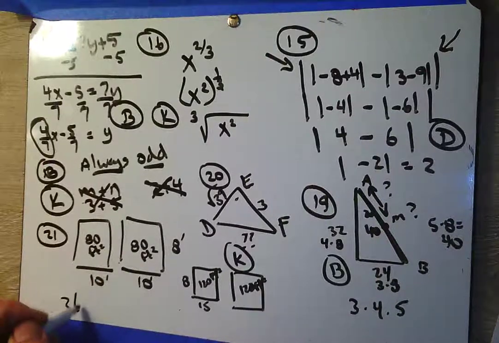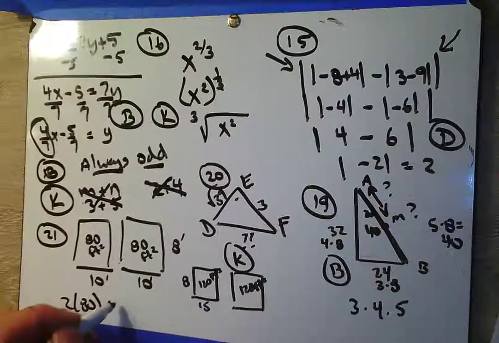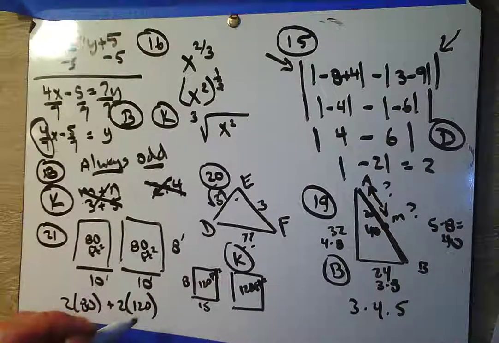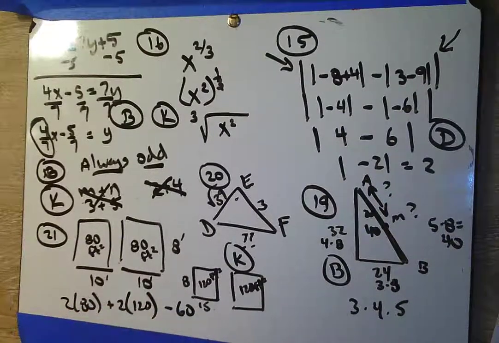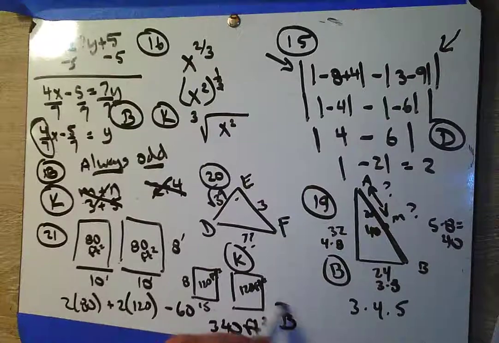So I've got 2 of the 80s plus 2 of the 120s minus the window and the door. So that's going to be 2 times 200, or 400, and 400 minus 60 is 340 square feet, and that corresponds to choice B. 21 is B.